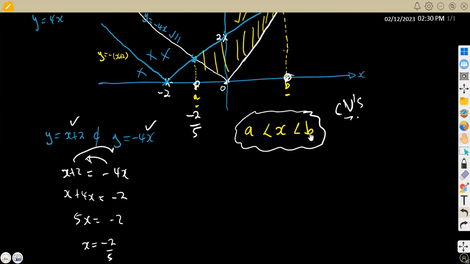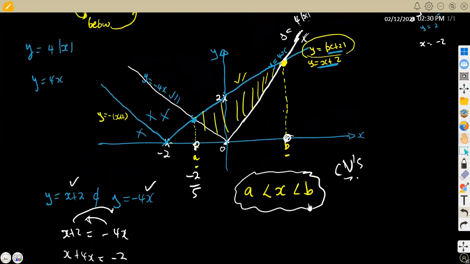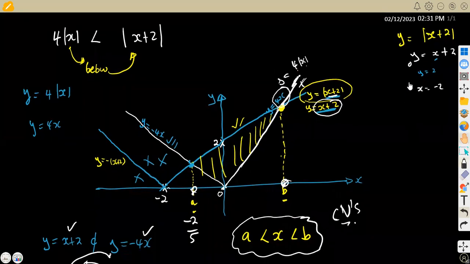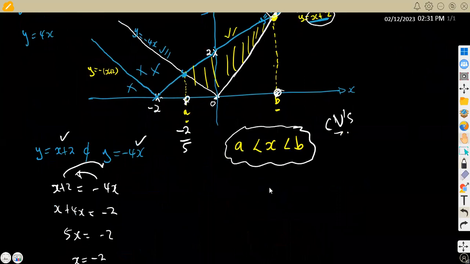So on this part B, it's a combination of two graphs. It's a graph of the same modulus of x plus 2, which is the line y is equal to x plus 2, and the modulus of 4x, which is positive, y is equal to 4x. So we're going to solve these two equations, y is equal to x plus 2 and y is equal to 4x with a positive.